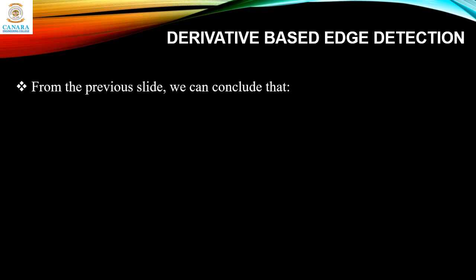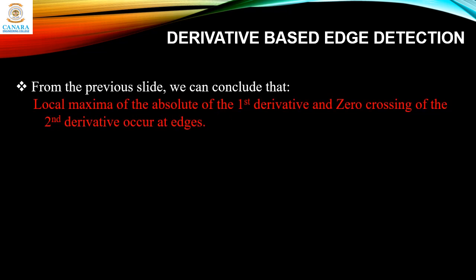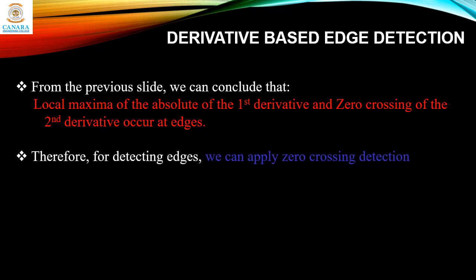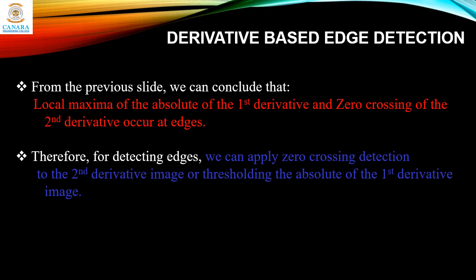From what we saw in the previous slide, we can conclude that the local maxima of the absolute of the first derivative and the zero crossing of the second derivative occur at the edges. Therefore, for detecting the edges, we can apply zero crossing detection to the second derivative image, or thresholding the absolute of the first derivative image.